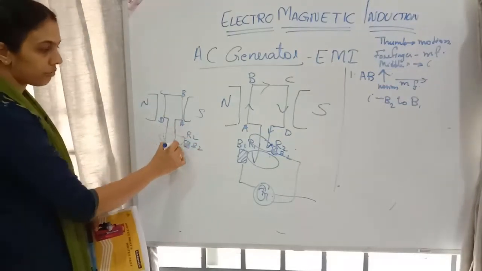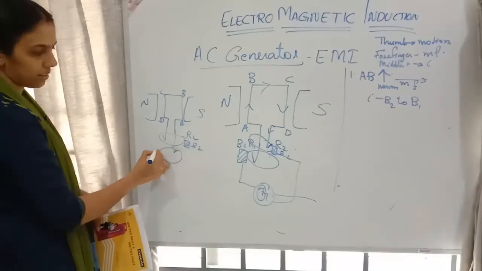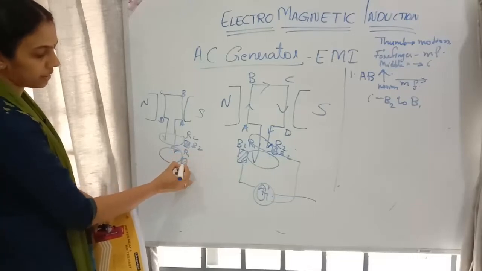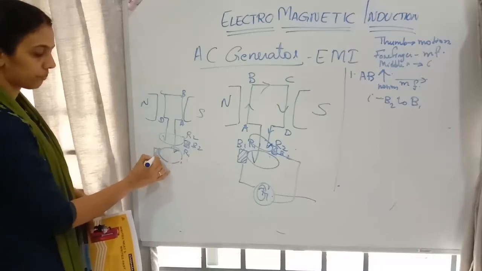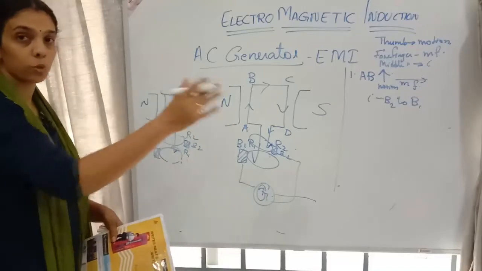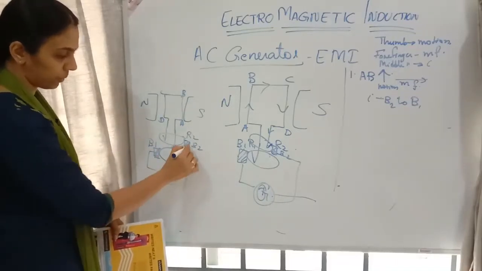Right, and the end of A is already connected with R1, which is in contact with B1. B1 I am keeping over here only. This side only B1 was, right? B1 is not moving along with that. Now it is connected with a galvanometer.